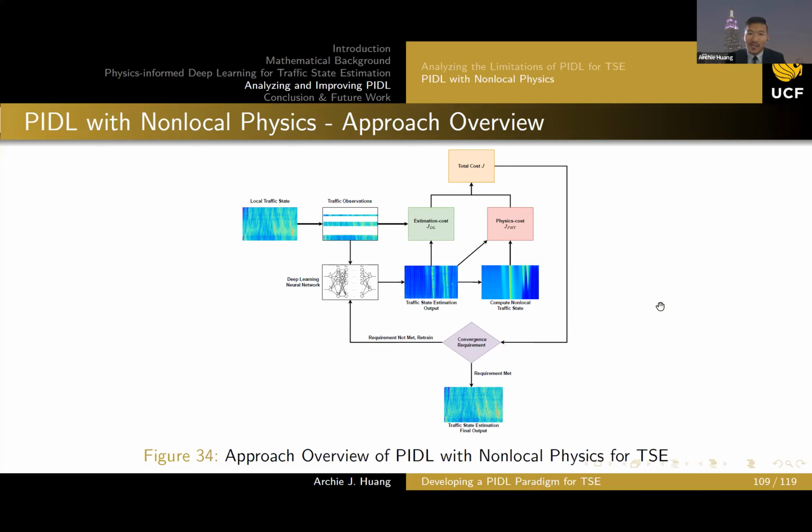The first one is the traffic state estimation output, which is what we always have in a regular PIDL neural network with local physics. And the second part is that we also need to compute the non-local traffic state, and that will also play a role in calculating the compliance with physics, or calculating the JPHY here.